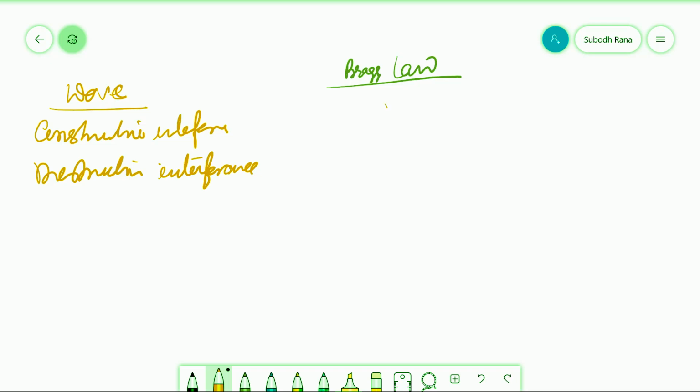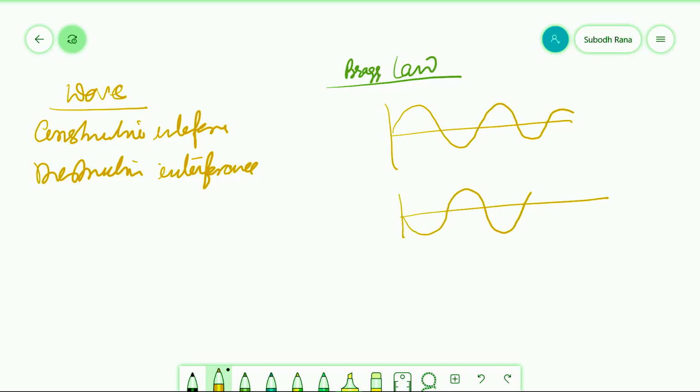Suppose there is one wave which is traveling like this, and there is another wave which is traveling like this, with 0, pi by 2, pi, 2 pi, and so on.